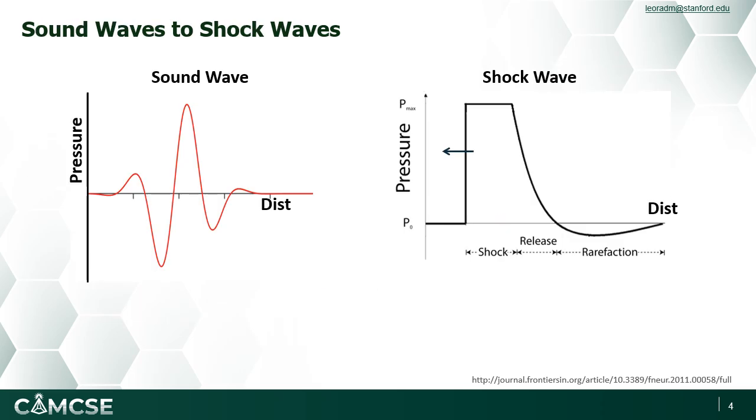When we look at how this manifests, we can see that our initial sound waves with this oscillatory shape to them that's propagating in space very quickly transforms to something that looks a little bit more like this, where effectively we now have all of the highest amplitude pieces of this wave shifting to the very, very front of the wave, creating this discontinuous front that is the leading edge of our shock.